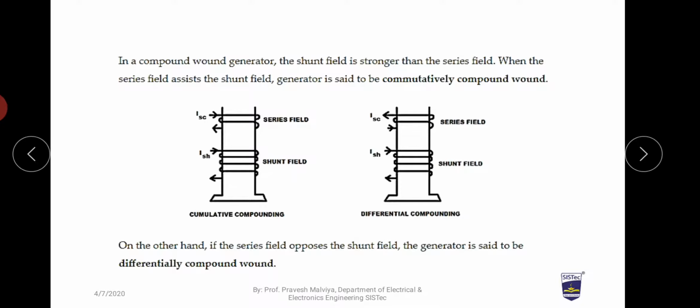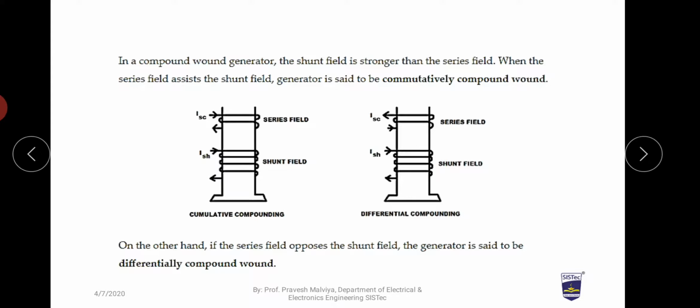When the series field assists the shunt field, it means the flux set up in the entire core is in the same direction. So when the series field assists the shunt field, the generator is said to be cumulatively compound. So here we can see that this is the cumulatively compound.